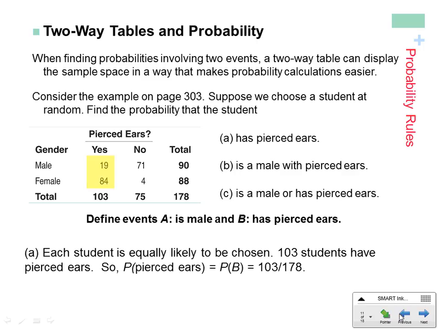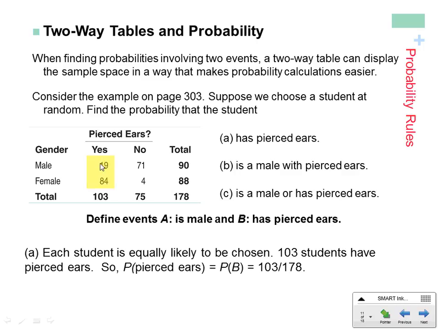All right, next. What is the probability they are male with pierced ears? You remember how I said "and" looks like an upside down U? So I need to look at the male categories, and they have pierced ears. How many males are there that have pierced ears? 19.